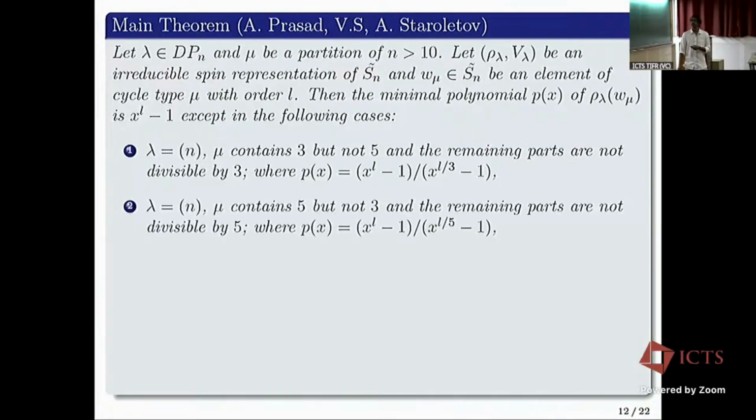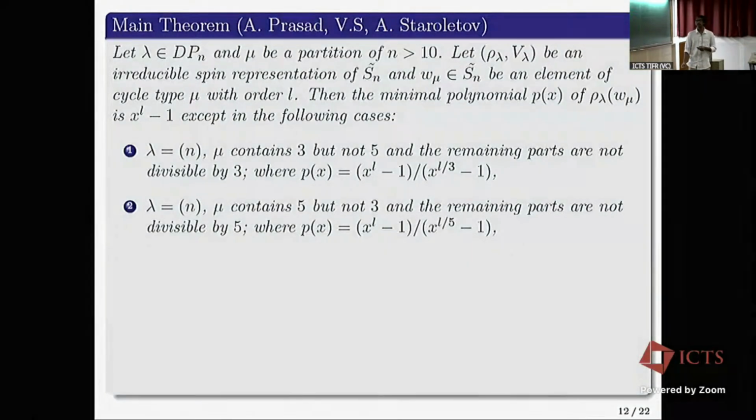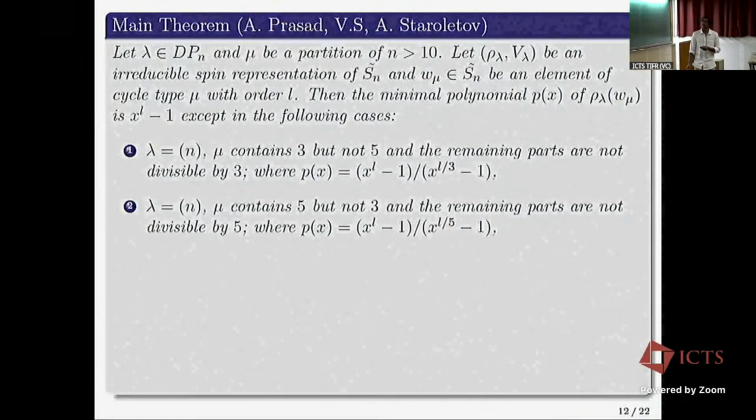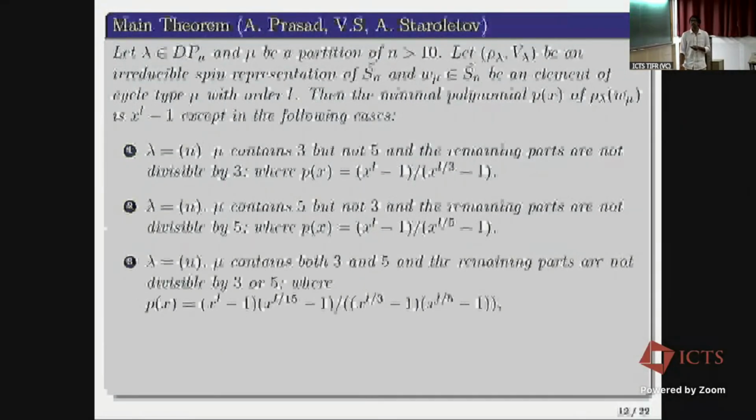And similarly, when lambda is the basic spin representation but mu contains 5, it's exactly the opposite of the first case. And the third is, it contains both of these, but not the other, and the remaining parts are not divisible by either 3 or 5. And you have a corresponding, very explicit result.